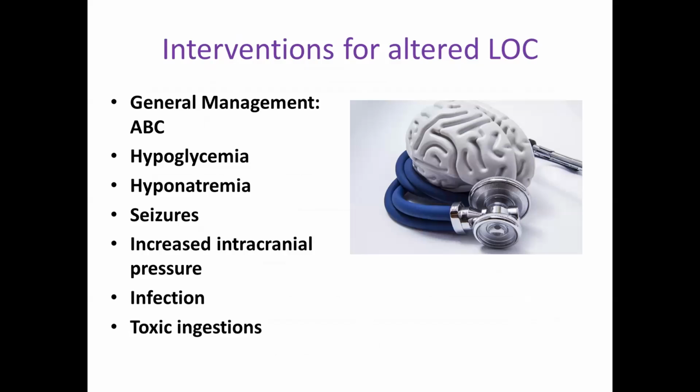So what are the interventions when we have a child with altered level of consciousness? Again, going back to basics, maintaining ABC. Some of them may not be able to maintain the airway, so think about intubation proactively, supplementary oxygen, establishing vascular access, and thinking about potential causes of their altered level of consciousness.